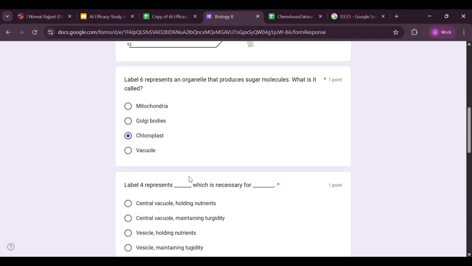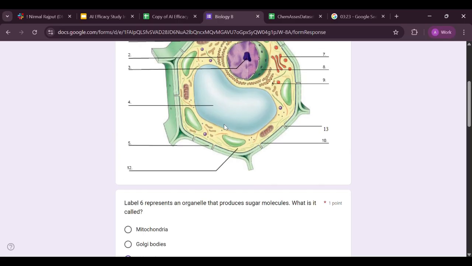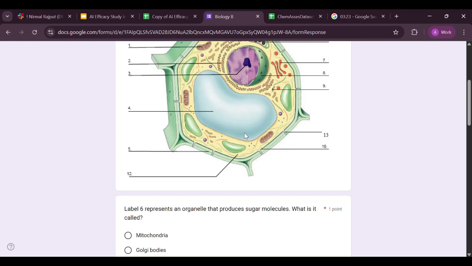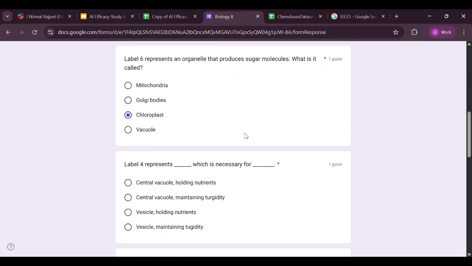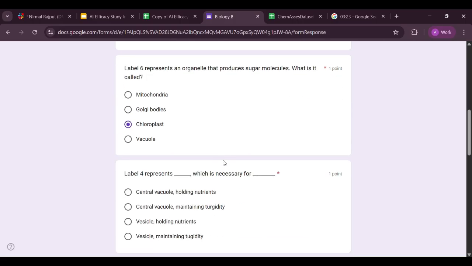The next question asks about label 4. It is a very vast body covering most of the cell, so it will be the central vacuole, which, according to my knowledge, helps in holding nutrients. So I am going to click on this.